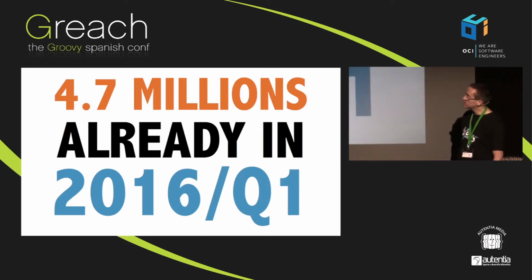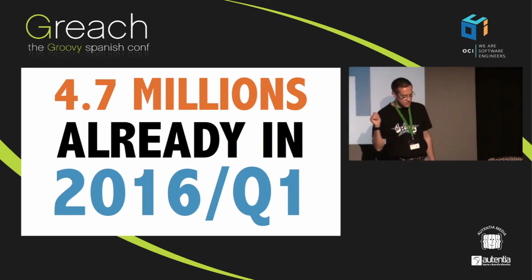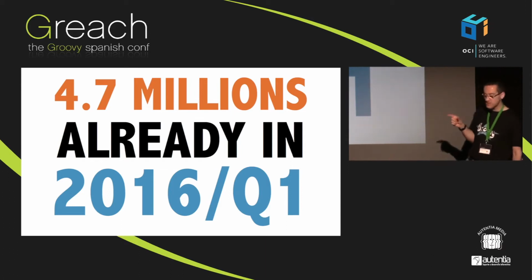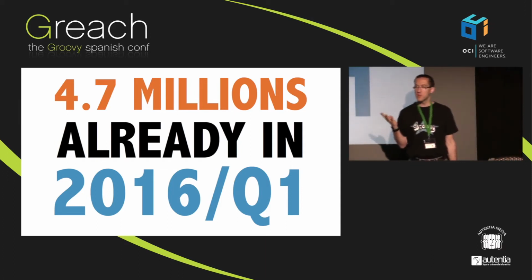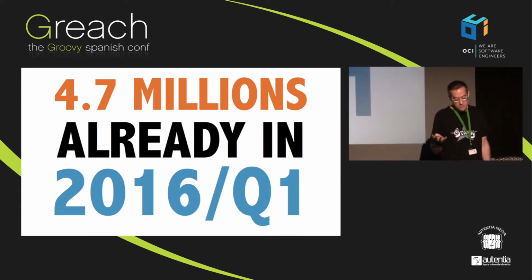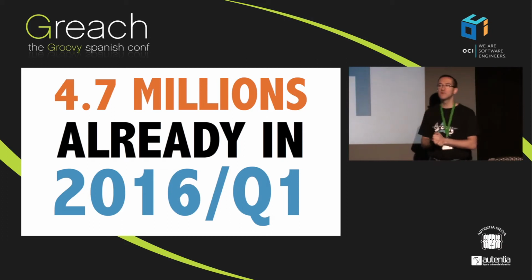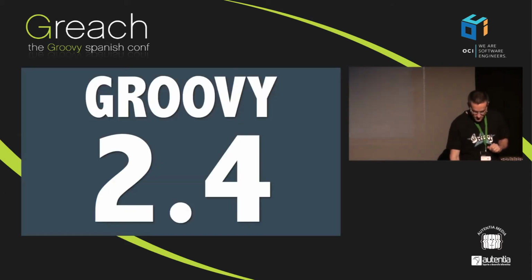And you might be wondering what's happening this year. I just did the stats two days ago on the first quarter, and we are already at 4.7 million. So if you multiply that by 4 quarters, we might be around 18 million downloads, even better than last year. We'll see if the trend continues.